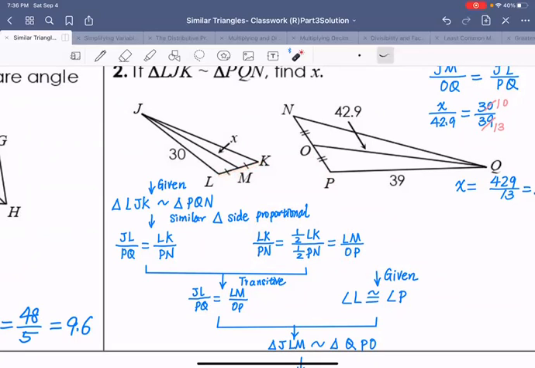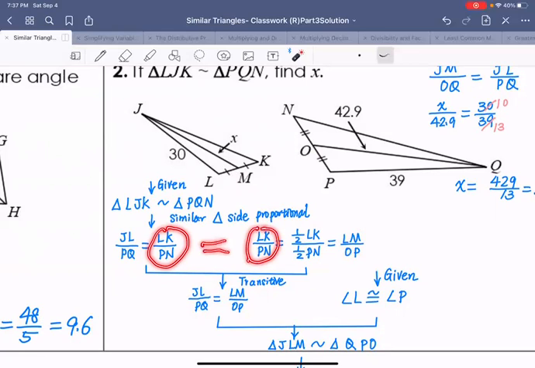Okay, now LK over PN equals LM over OP, and we have this equal. Can we use the transitive property to have here? Does this make sense? Yeah. Does this guy the same?